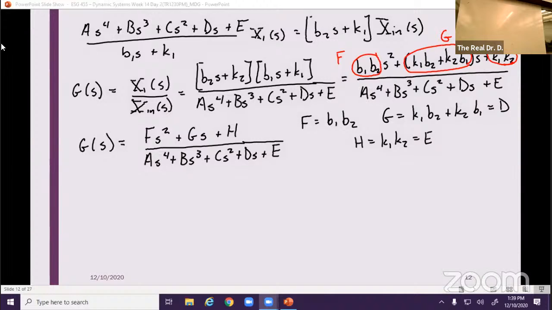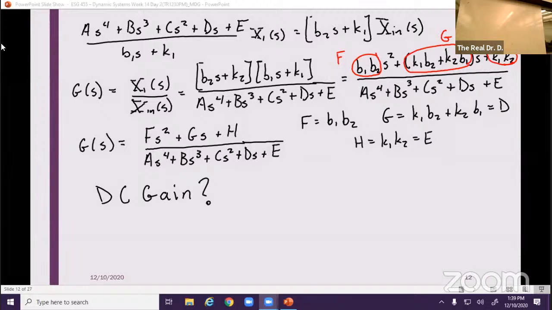What is the DC gain of this system? What is the DC gain for this?